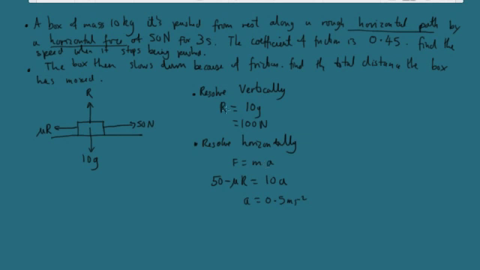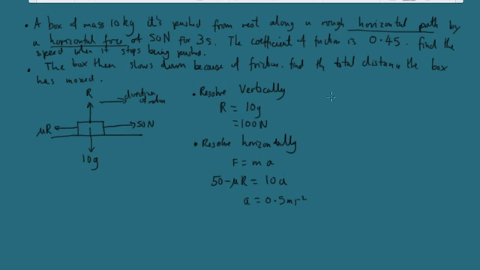Now, with all of these types of problems, you really need to be careful to define the direction of motion. So this is our direction of motion. And just be careful with your signs.